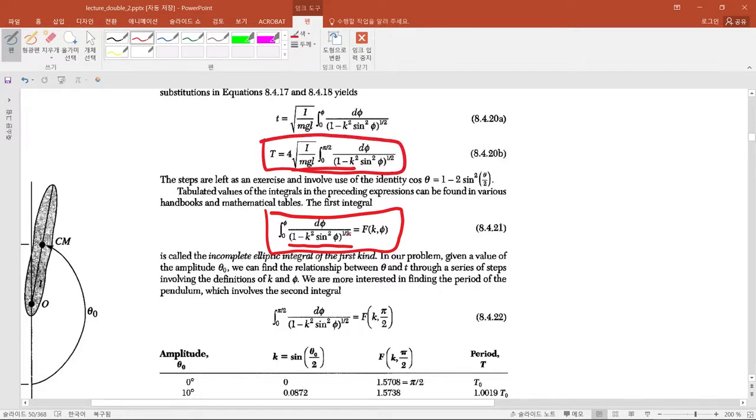This one is the integral over pi over 2, as was explained. In general, the elliptic integral is 1 minus k squared sine square phi from 0 to pi over 2.